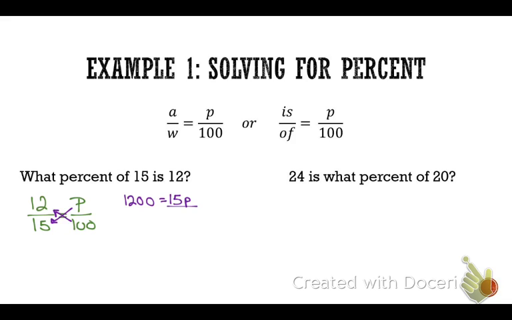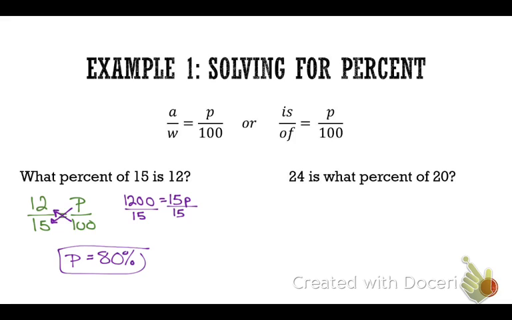Now set up your equation and solve for P. 80%. Okay? So as long as you're plugging these numbers in the right place, cross products and solve. And literally the entire lesson is this. You're just solving for different parts of it. Okay?